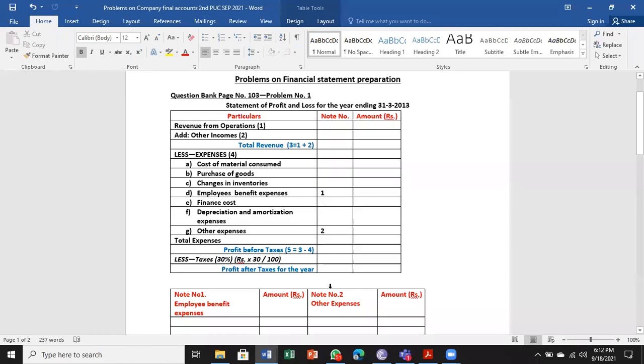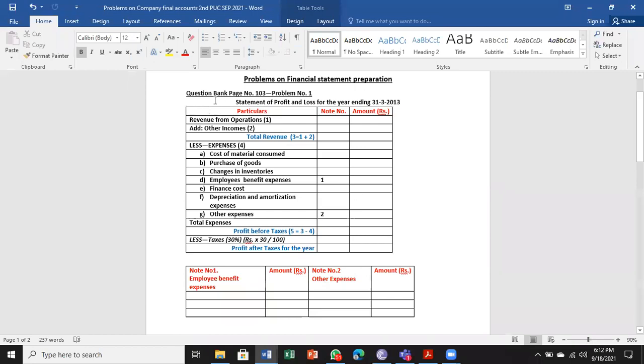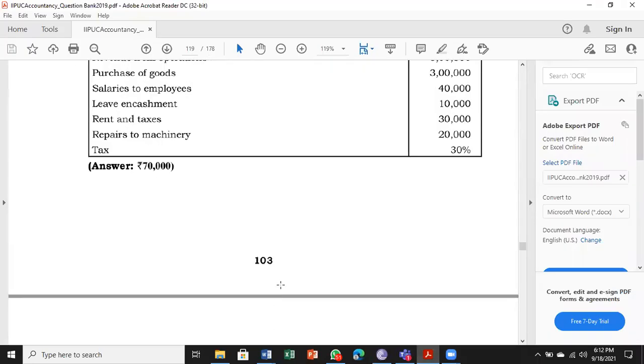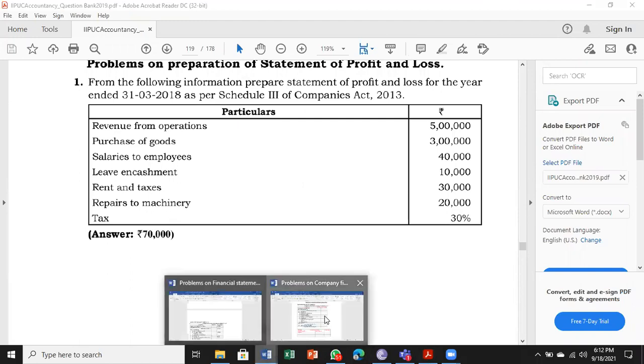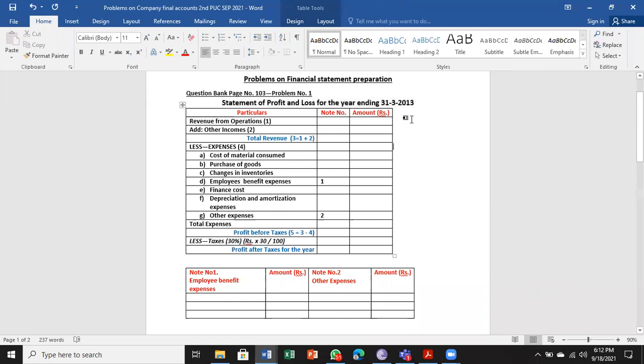So if you look at the problem, question number 1, page 103. You can see here, page 103, problem number 1. Then the statement of profit and loss for the year ending 31/3/2013.